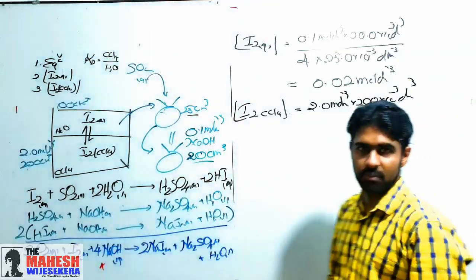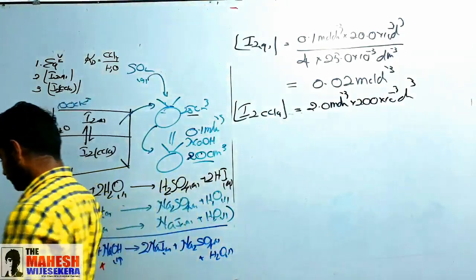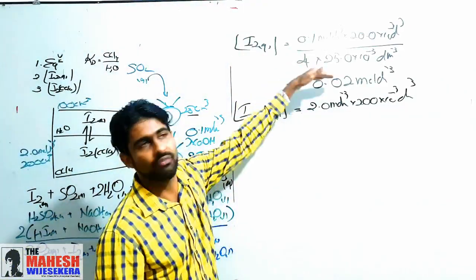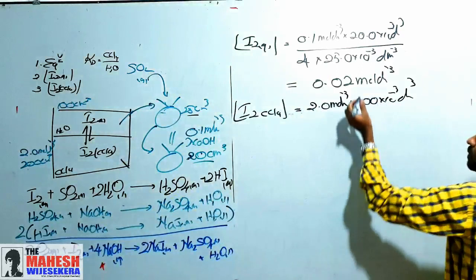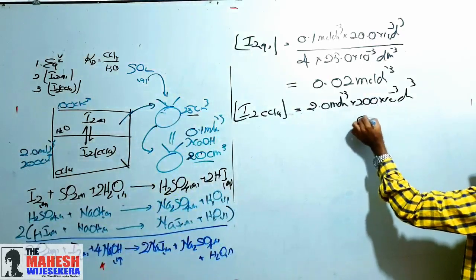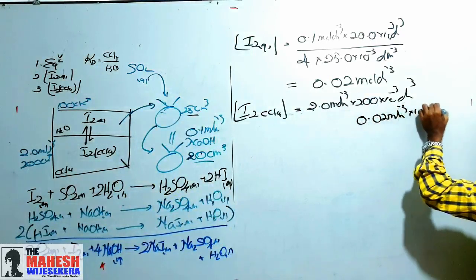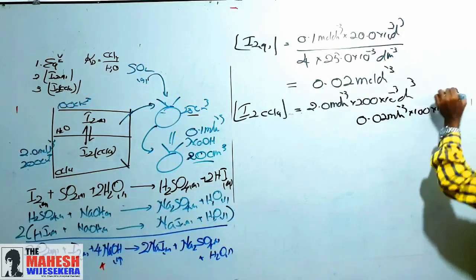In the aqueous layer, we have 0.02 moles per cubic decimeter into 100 into 10 to the power minus 3 cubic decimeters.